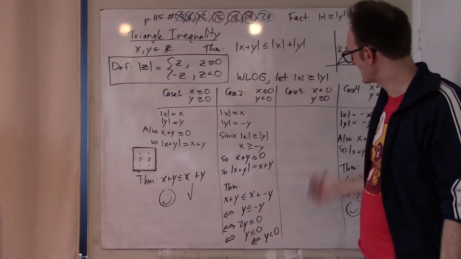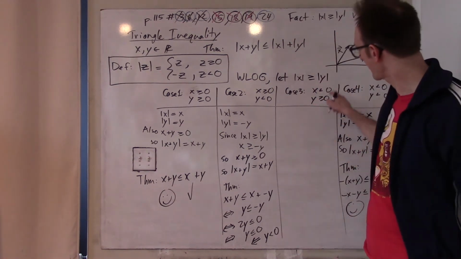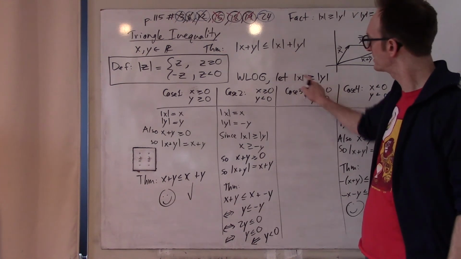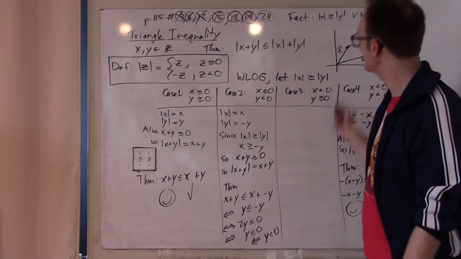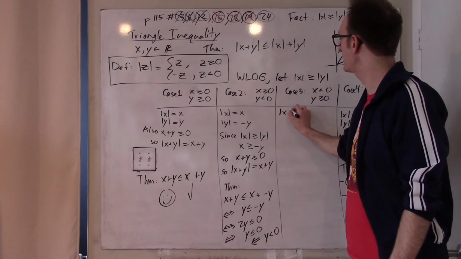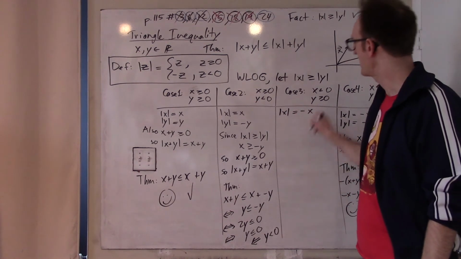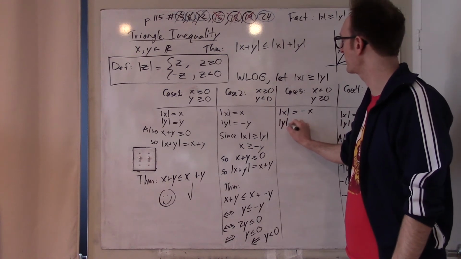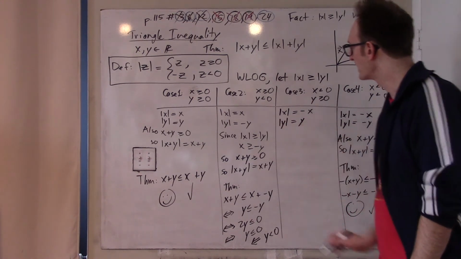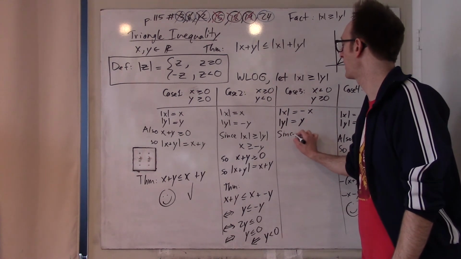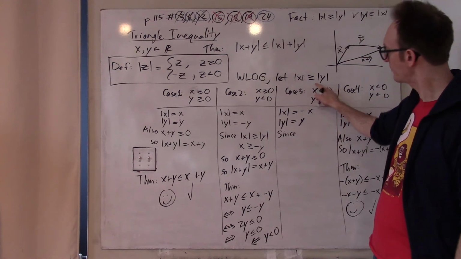Now, maybe almost exactly the same, you might say, but maybe a little bit different because of this asymmetry induced by this assumption. So, okay, if x is negative, then the absolute value of x is just negative x, fact. And if y is greater than or equal to 0, then the absolute value of y is just y. So, let's now invoke our assumption that the absolute value of x is greater than the absolute value of y.